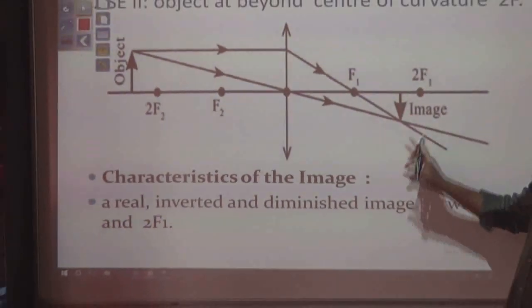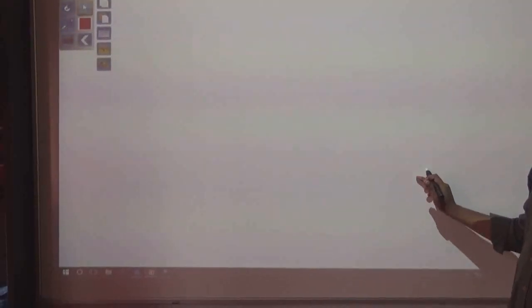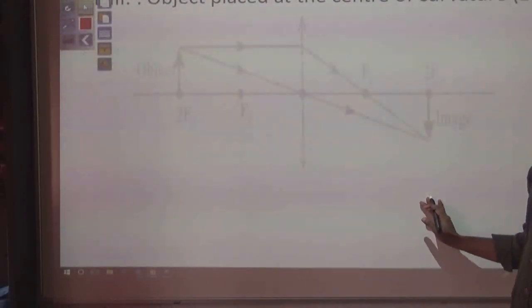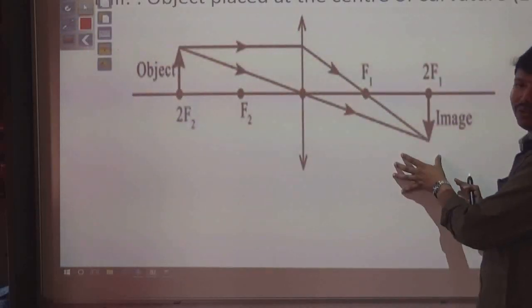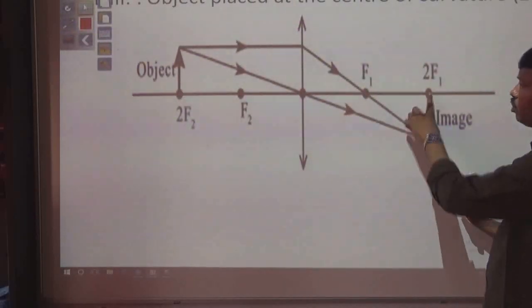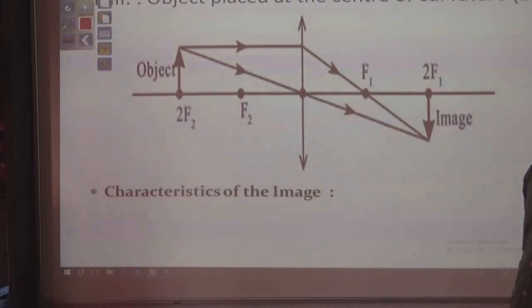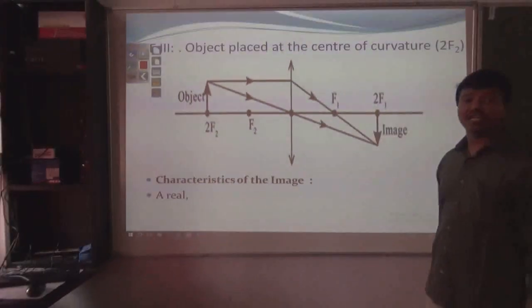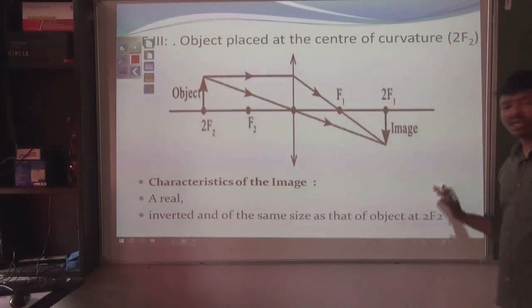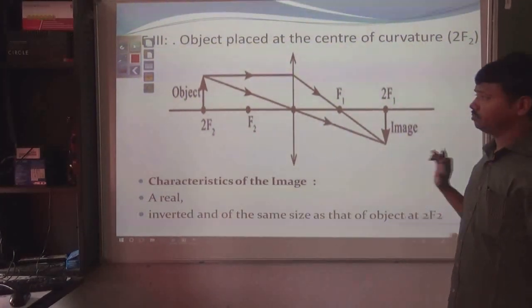So it is a real, inverted image. Again, case 3, the object placed at the center of curvature. The relative positions of the object and image are the same, so the image is real, inverted and the same size as the object.